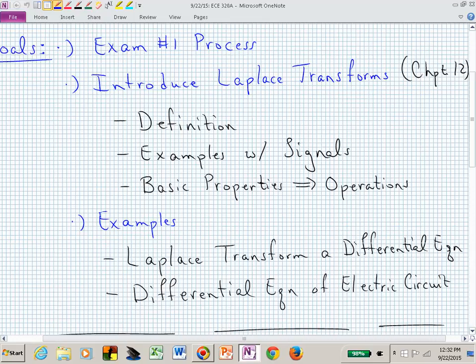We will become very comfortable, I hope, with Laplace transforms. We'll define Laplace transforms. We'll look at a few very simple signals in the time domain and what their associated Laplace transform looks like.